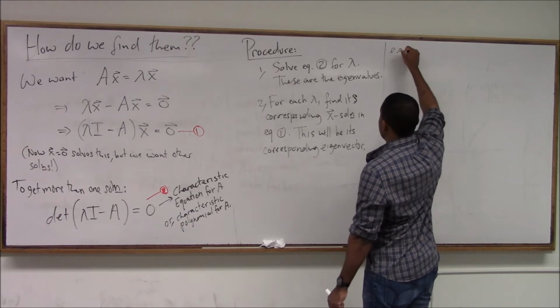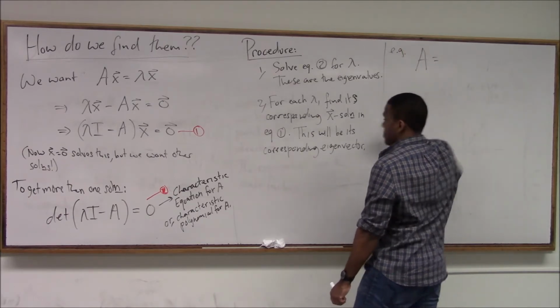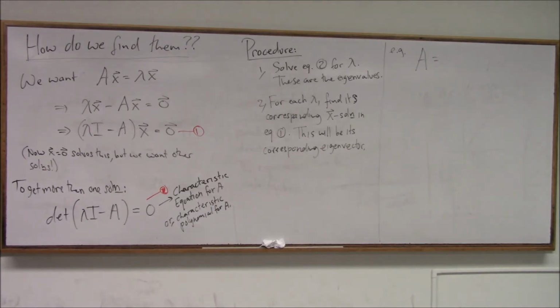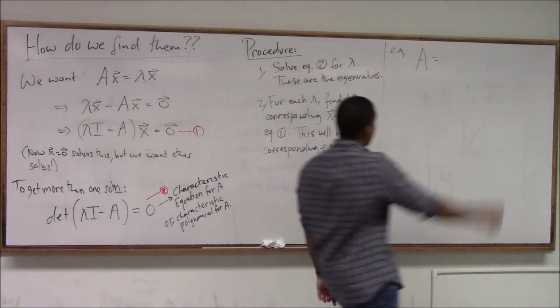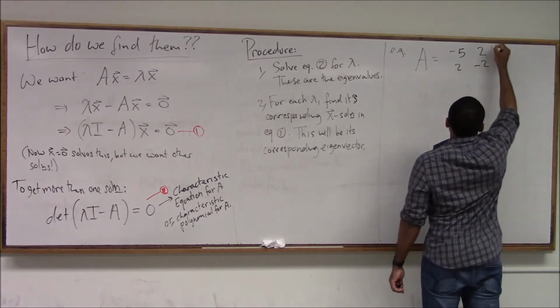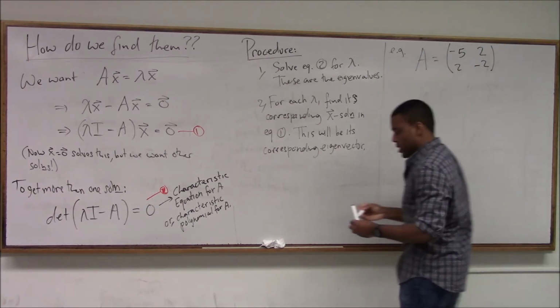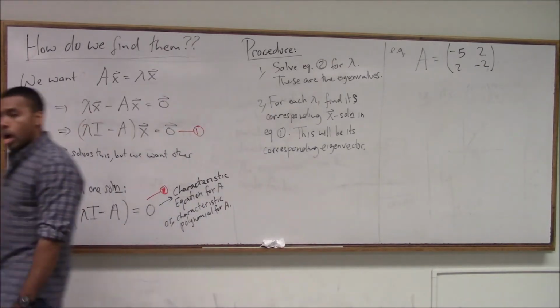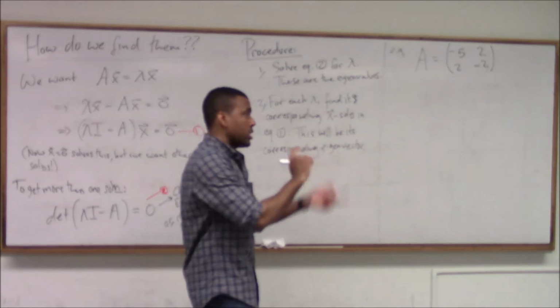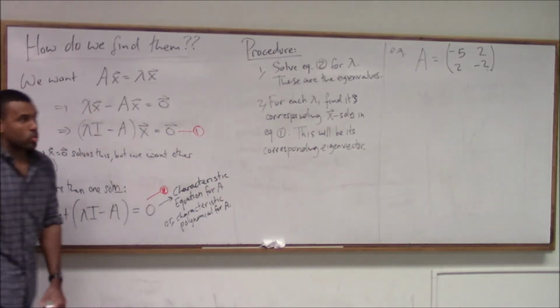Let's do an example. I'm going to give you a matrix, with entries including negative 5 and 2. It's a 2 by 2 matrix, so it's going to operate on R2 and output other vectors in R2, probably doing all sorts of things with them, like rotating and projecting.